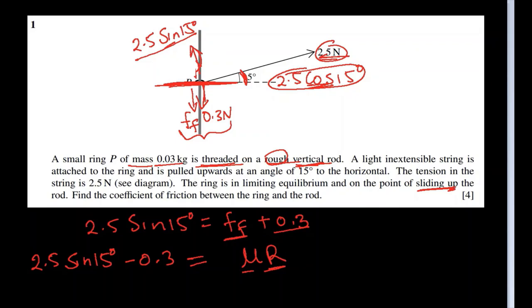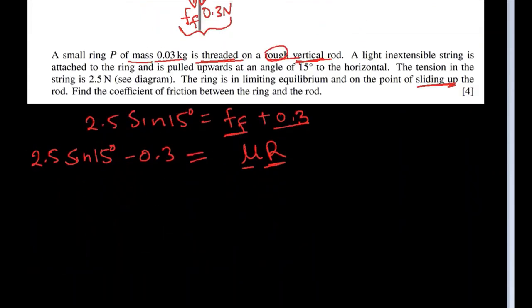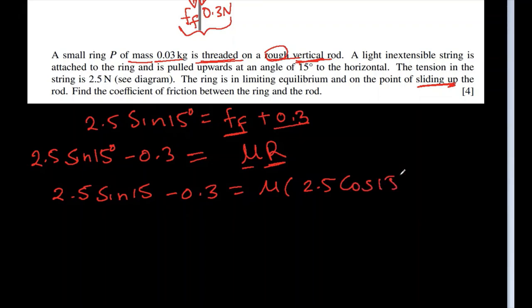So we'll substitute this here. It becomes 2.5 sine 15 minus 0.3 equal to mu multiplied by 2.5 cos 15 degrees.